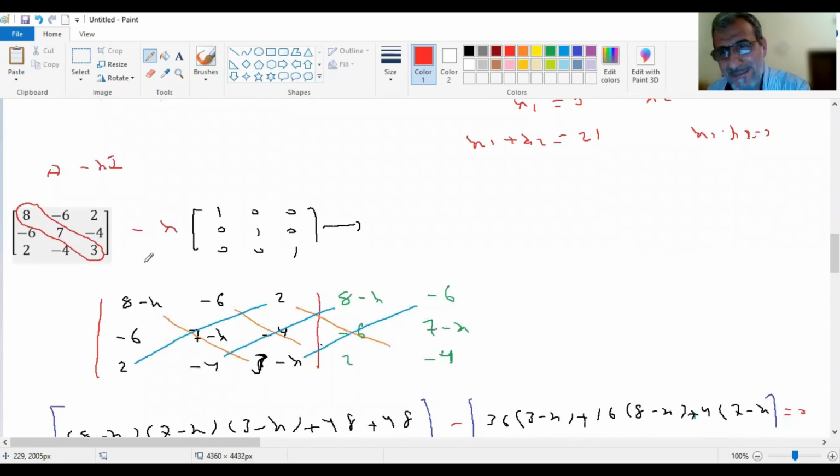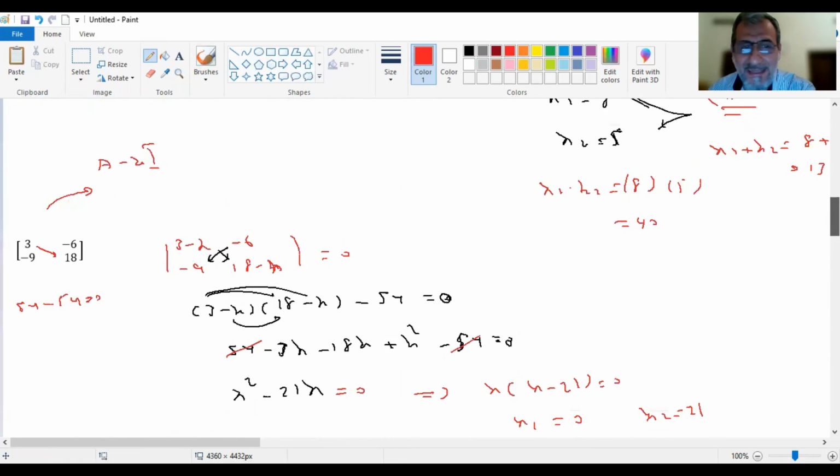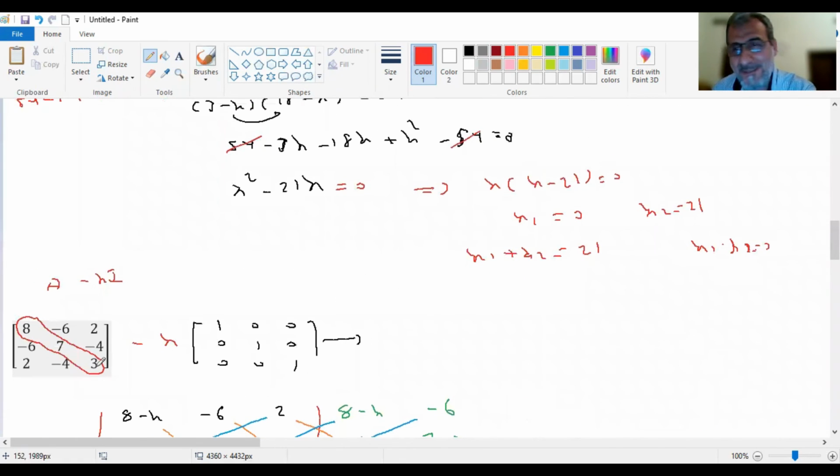This way you can check the answer. And if we multiply lambda 1 times lambda 2 times lambda 3, it will be 0. That means the determinant of this one is 0. You can check it the same way, students.